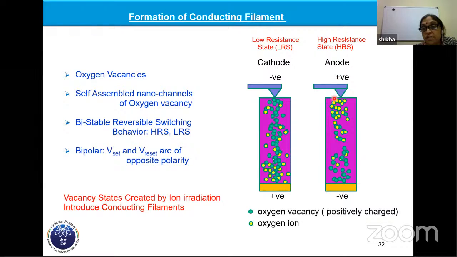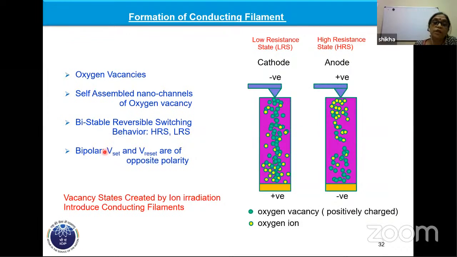Whereas if it is positive on the top and negative on the bottom, as we were showing, these get separated out and these channels get deformed. So this is basically self-assembly of nano channels of oxygen vacancies, which become the conducting path in these films. And this is a bistable reversible switching behavior, HRS and LRS. And also it is bipolar.